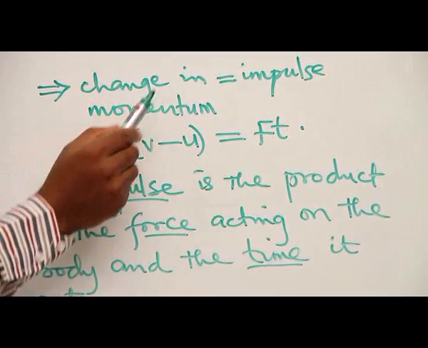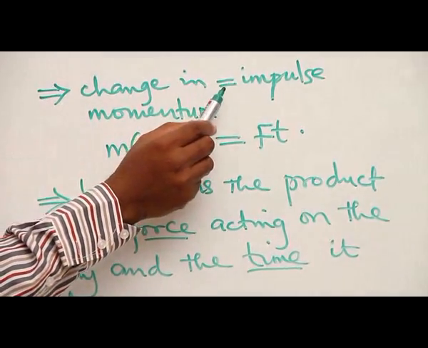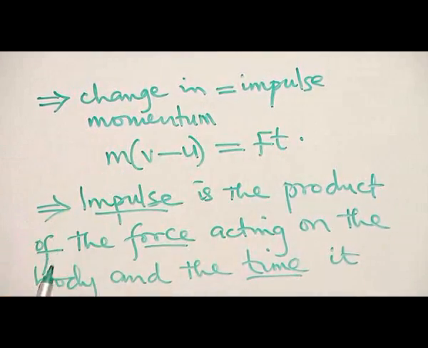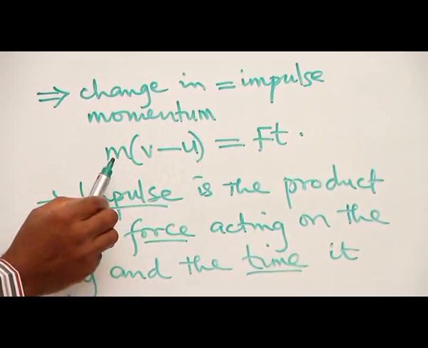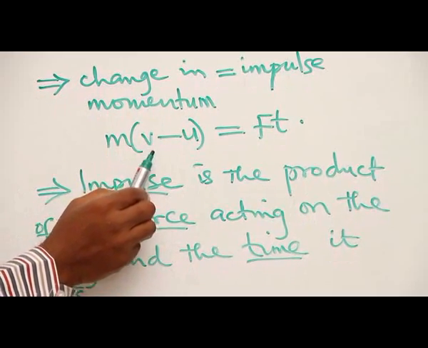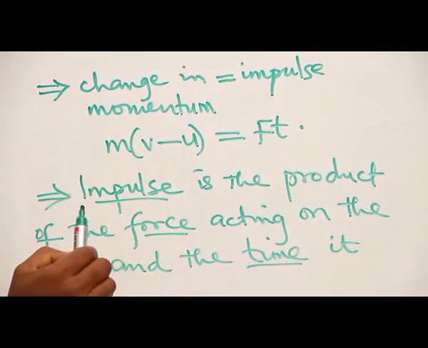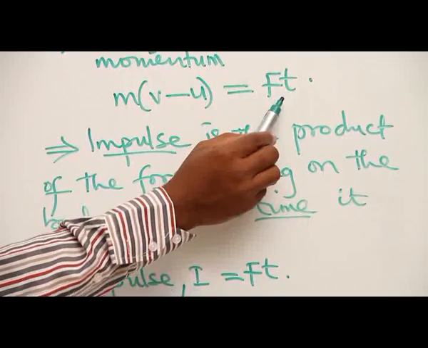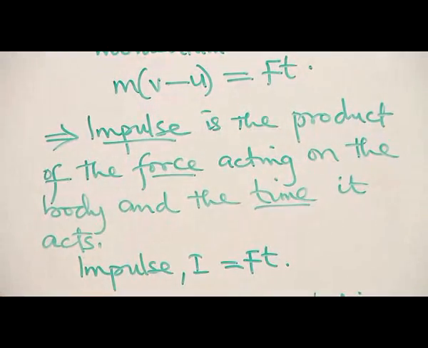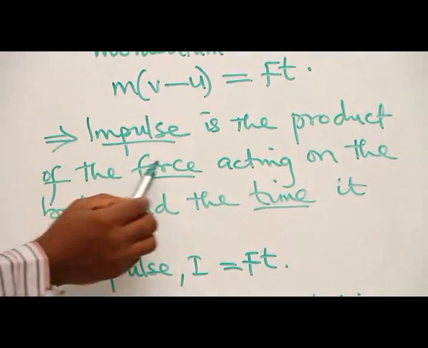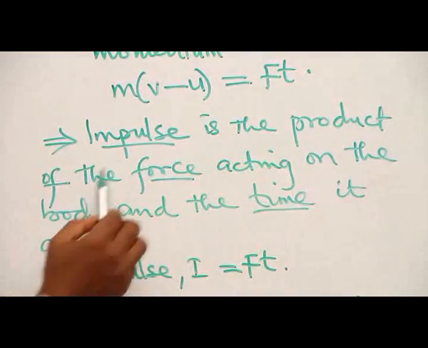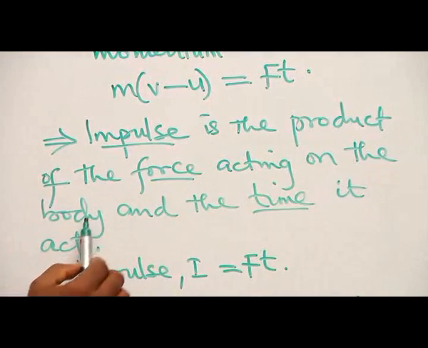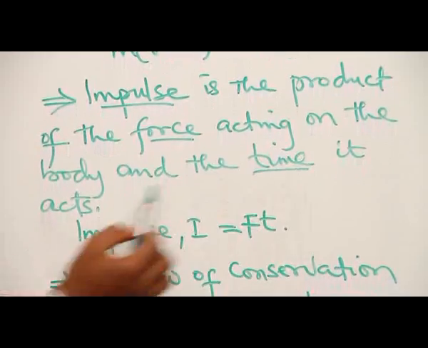The change in momentum is mass times the difference of the final and initial velocity, and impulse is the product of force and time. Impulse is defined as the product of the force acting on the body and the time it acts.